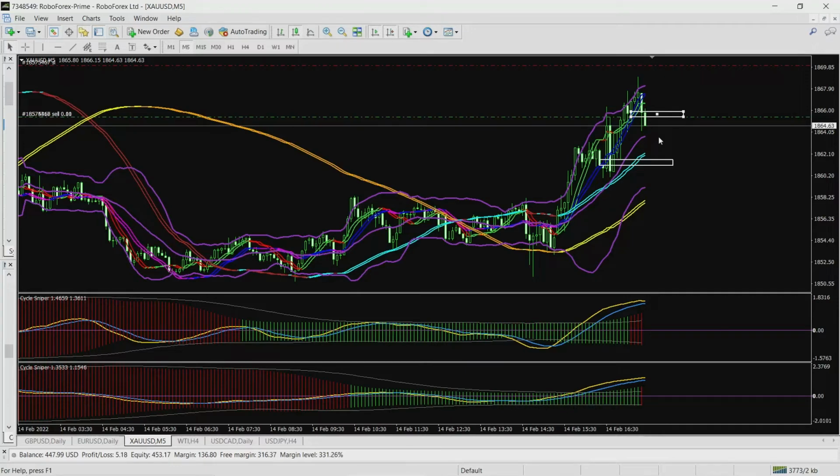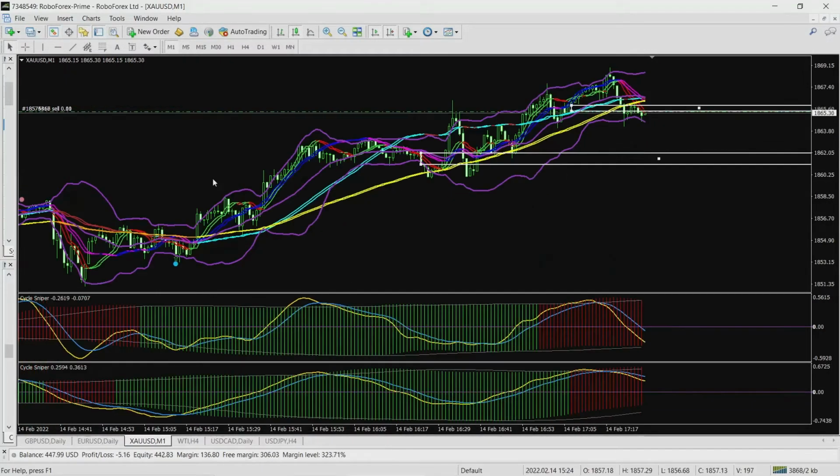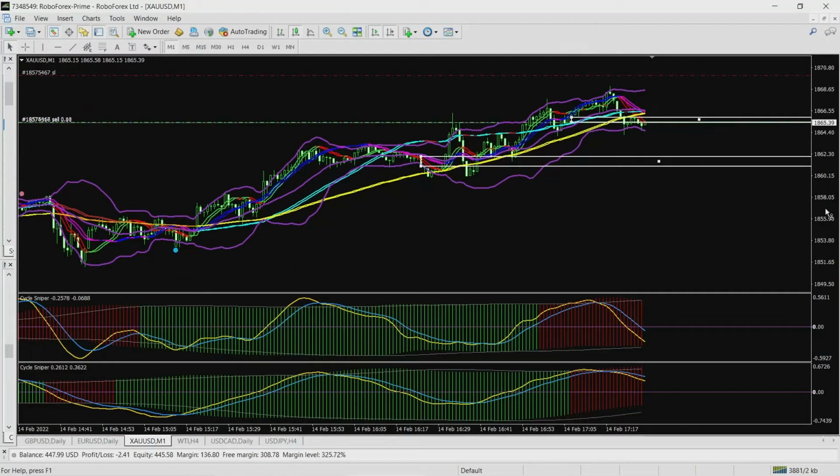So what will happen? Most probably price will come to here, then retrace, then we'll go back. Our stop loss is simply above the bands, somewhere here.